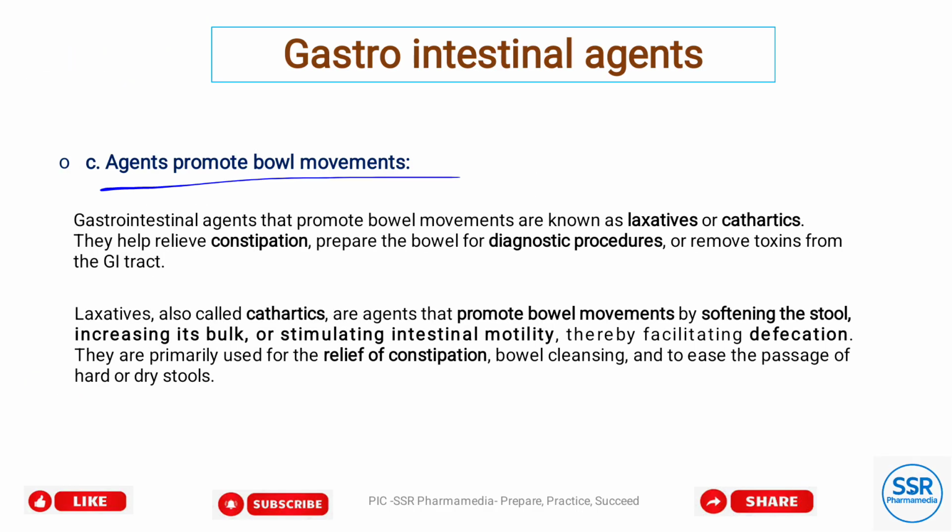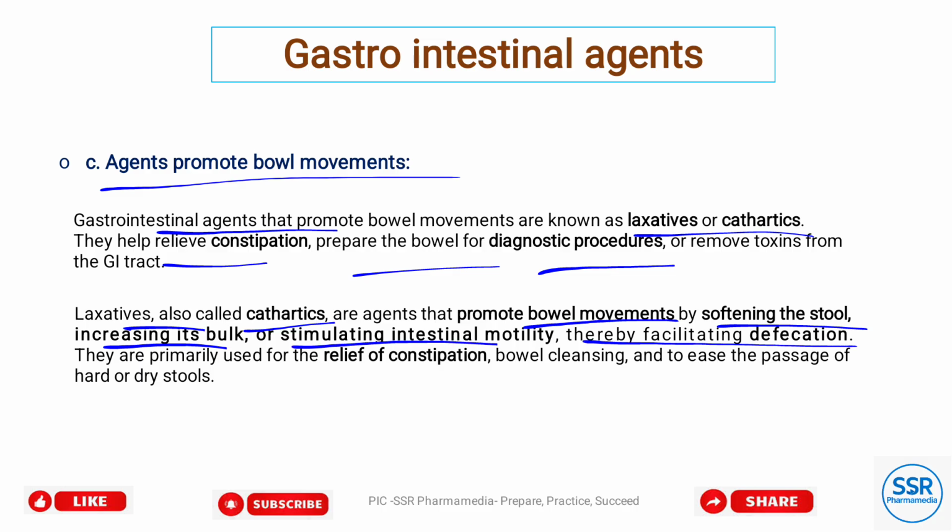Next is agents that promote bowel movements. Gastrointestinal agents that promote bowel movements are known as laxatives and cathartics. They help relieve constipation and prepare the bowel for diagnostic procedures, and remove toxins from the GI tract. Laxatives are also called cathartics. An agent promotes bowel movements by softening the stool, increasing its bulk, or stimulating intestinal motility, thereby facilitating defecation.